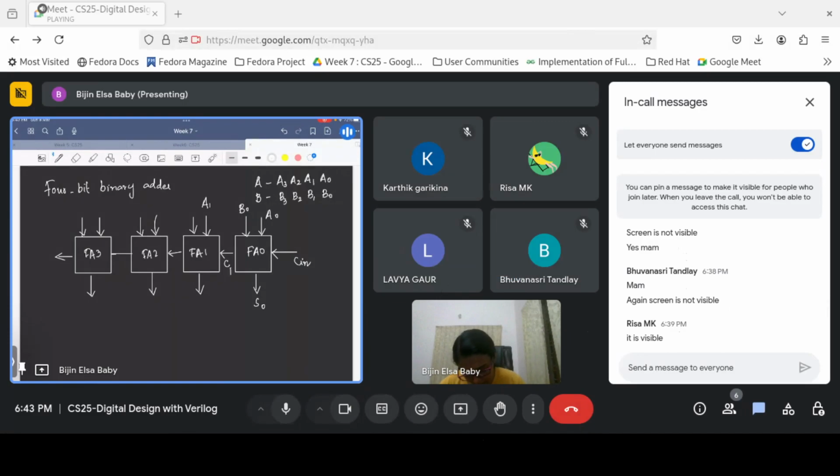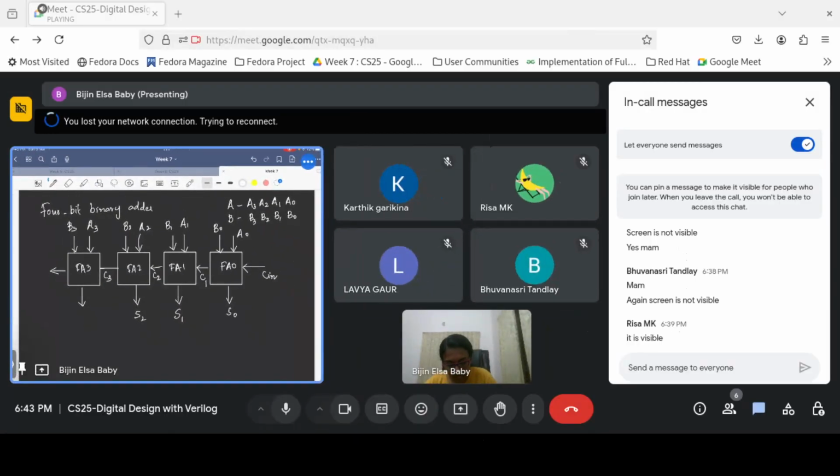It is going to give you S1, and the next full adder is going to perform the addition between C2, A2, B2, and it will give you sum S2 and carry C3. This full adder 3 is going to perform addition between A3, B3, and C3. This is going to give S3 and C4. So this is a ripple carry adder. That is, your carry is propagated towards the MSB of the binary numbers.